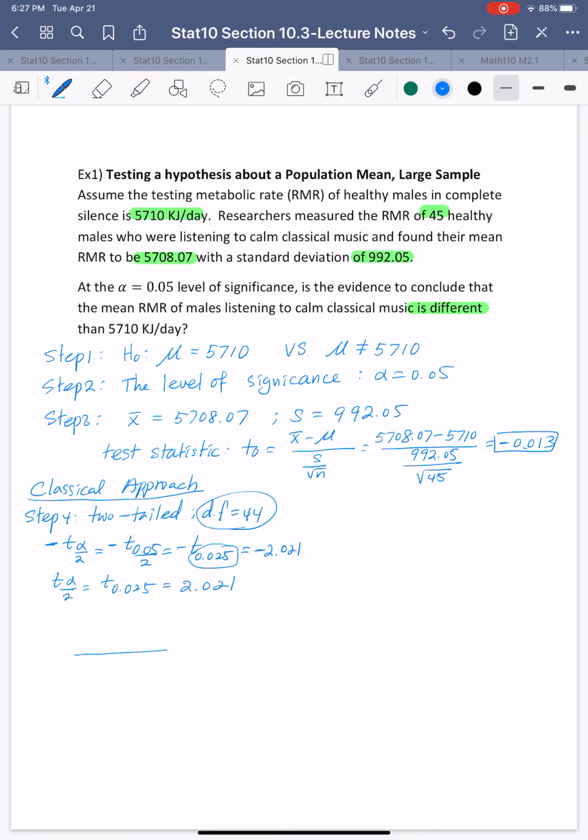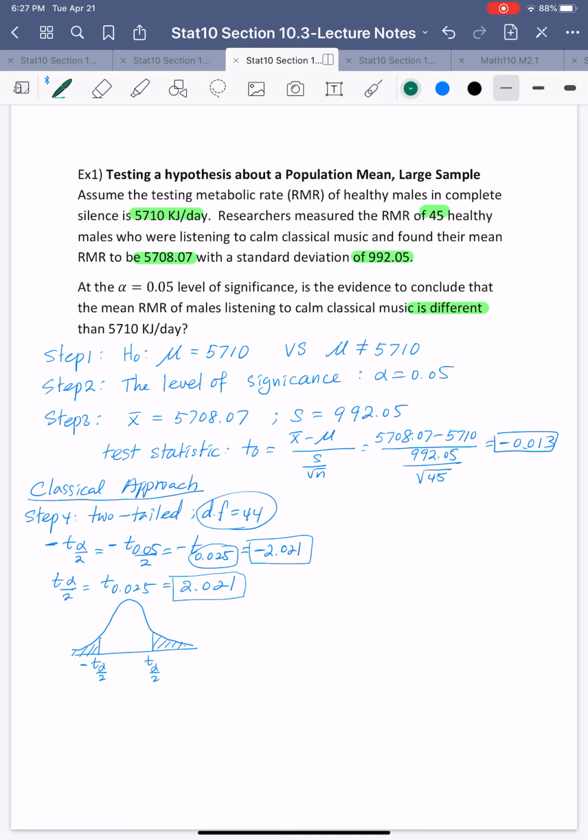So if you draw the curve, the two tails are always at negative t alpha over 2 and t alpha over 2. So we got the numbers for each of these. Now we have to see where t sub 0 goes.